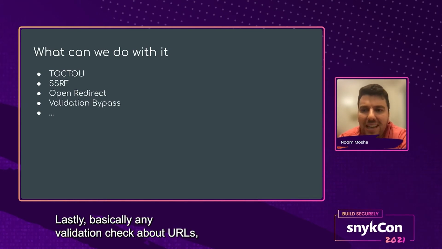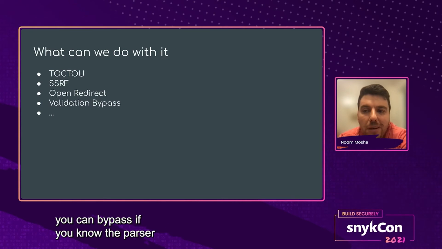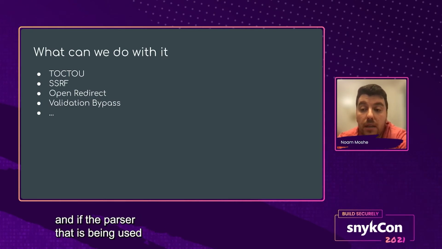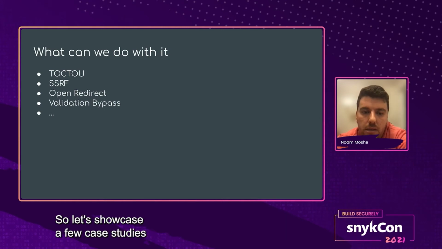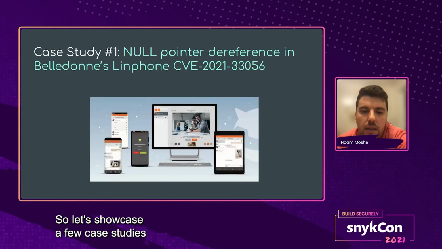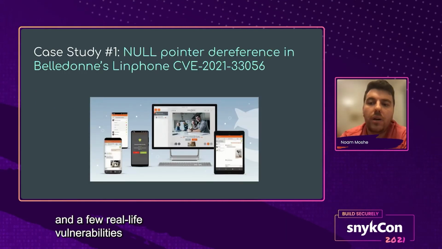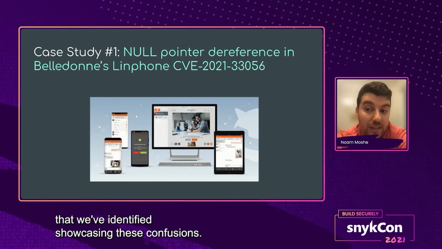Lastly, basically any validation check on URLs you can bypass if you know the parser, and the parser being used does not treat the URL the same as the parser that checks it. So let's showcase a few case studies, a few real-life vulnerabilities that we've identified, showcasing these confusions.